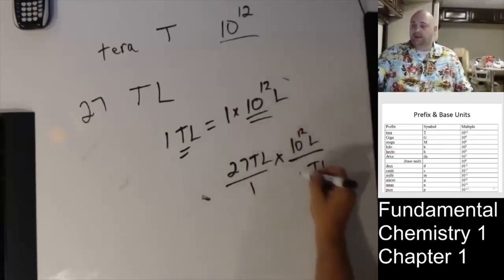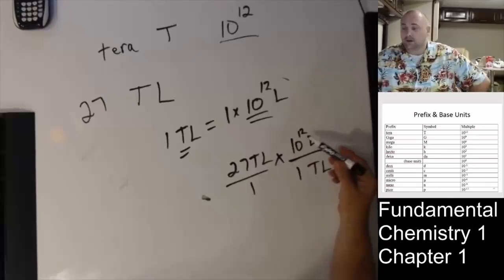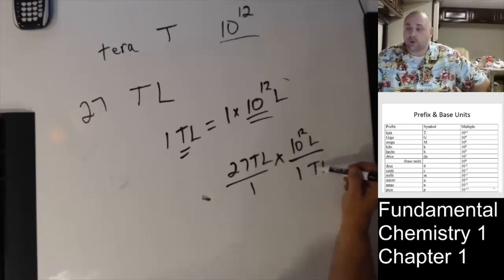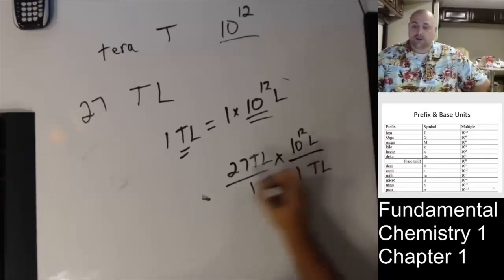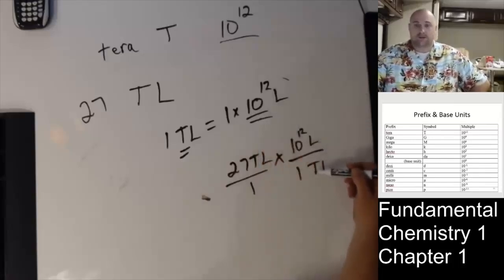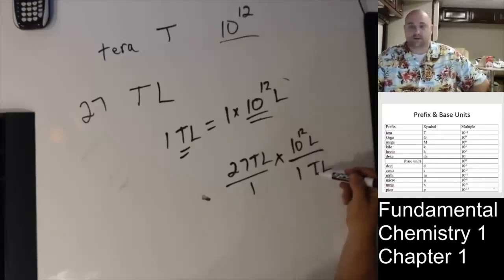Now, there's got to be a nice, easy way of keeping up with this. Well, what I tell myself is the prefix down here always goes opposite the exponent. So the prefix goes opposite the exponent. So when I look at this visually, I can right away tell, hey, this is right.